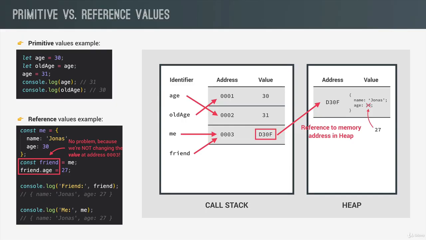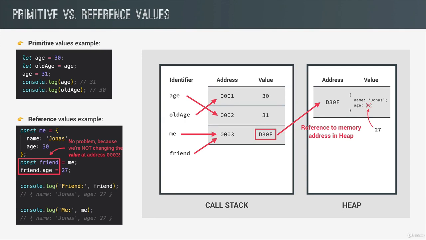All we did was to change the value in the heap, and that's not a problem. So it's a misconception that all variables declared with const are immutable. In fact, that is only true for primitive values, but not for reference values. So keep that in mind whenever you're working with const.